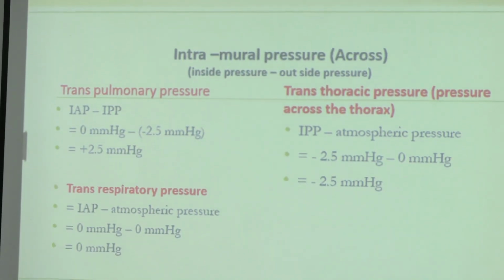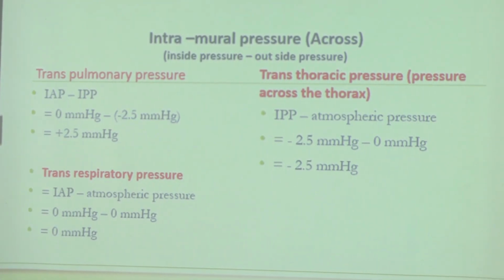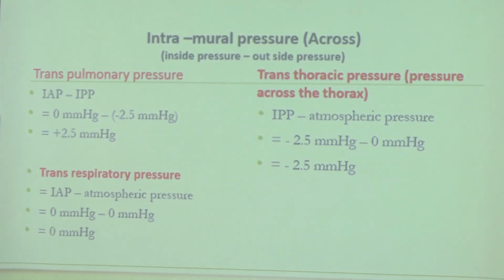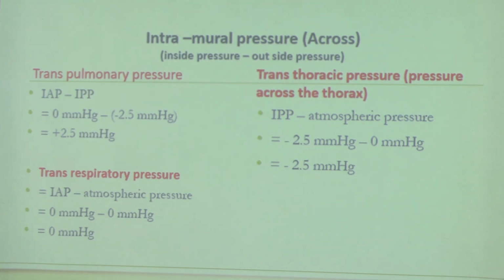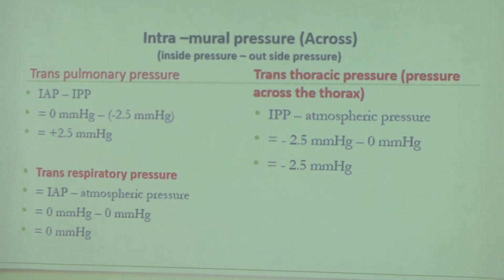See, what are the important types of transmural pressure, what is the value of each different type, and how to calculate it. As I mentioned, it indicates the pressure difference between inside and outside of the system, which is categorized into three types: transpulmonary, transthoracic, and transrespiratory pressure.